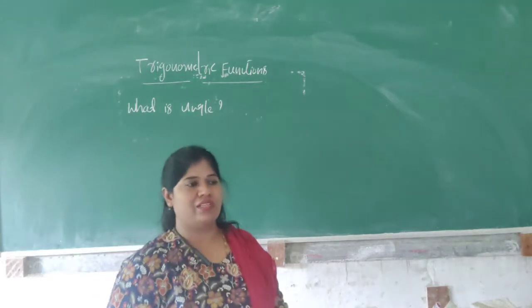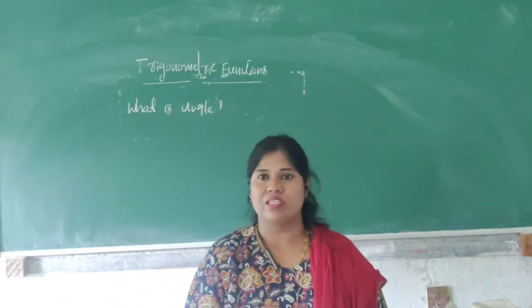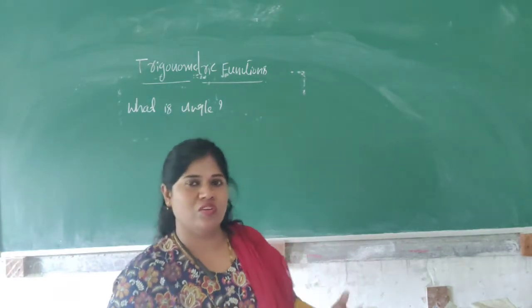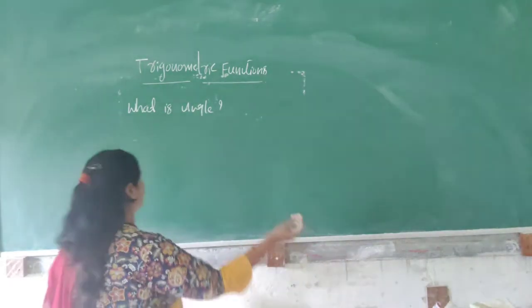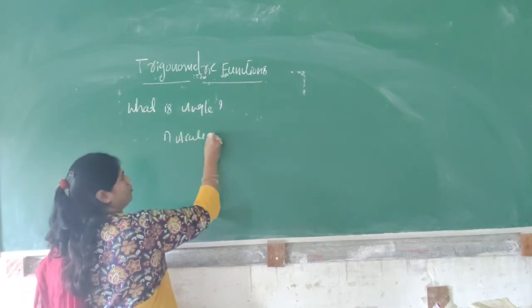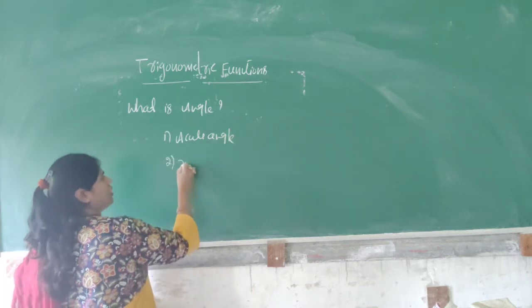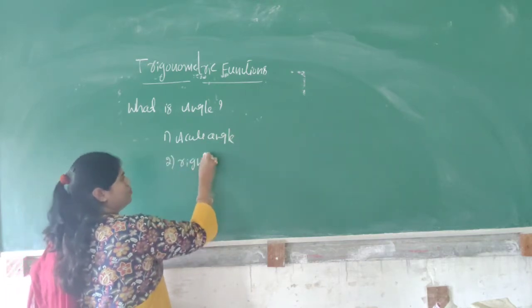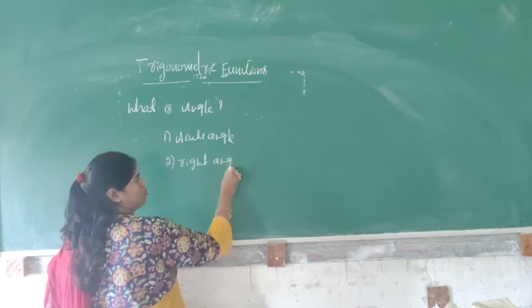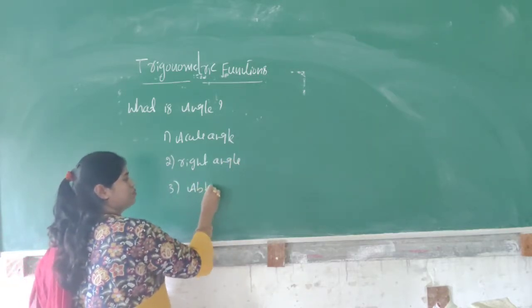So, what are the types of angles? We have studied them in your previous classes. The first one is acute angle. You should know this. Second one is right angle. Third one is obtuse angle.